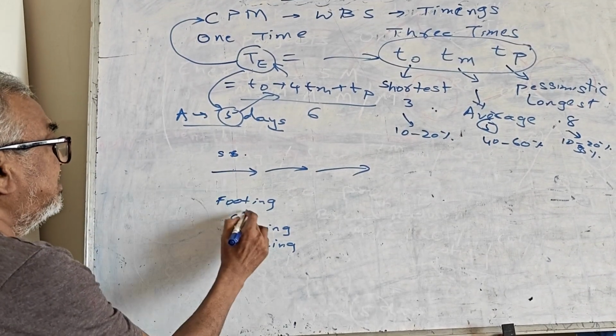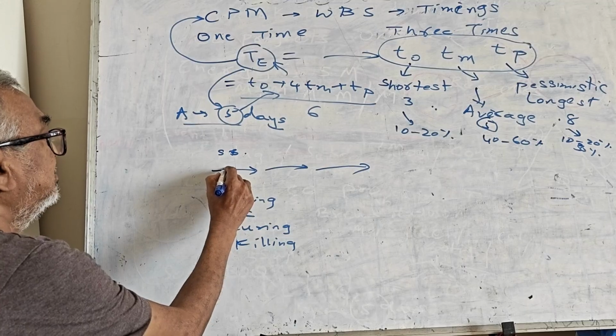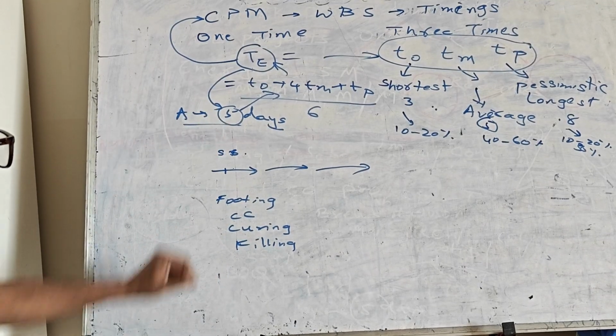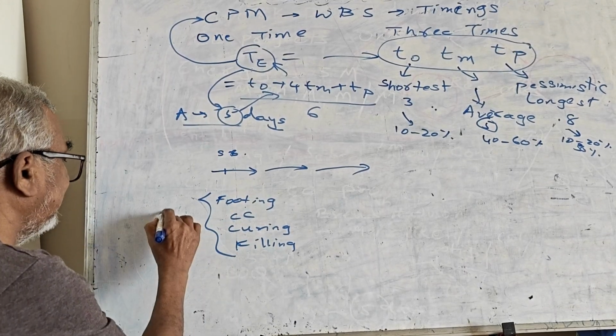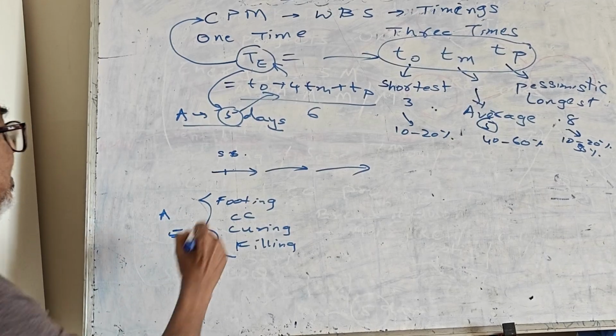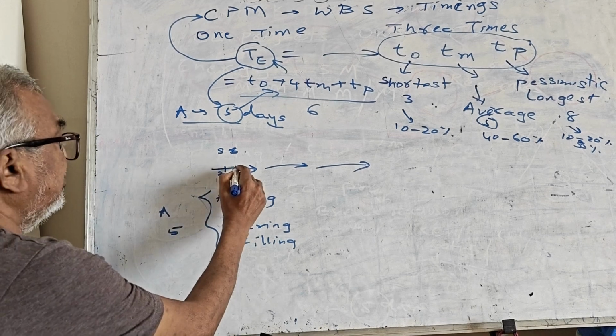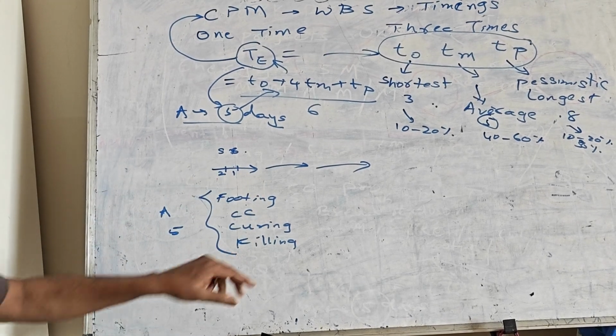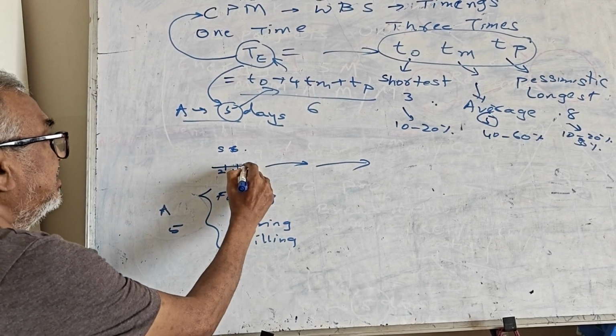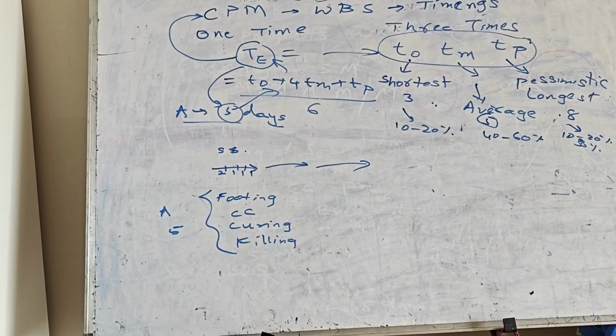So this can be divided. Suppose footing will take 2 weeks, you divide like this. It is total timing. If I assume A as taking 5 days, it can be taken as footing 2 days, concreting 1 day, curing maybe 1 day, and 1 day filling back.